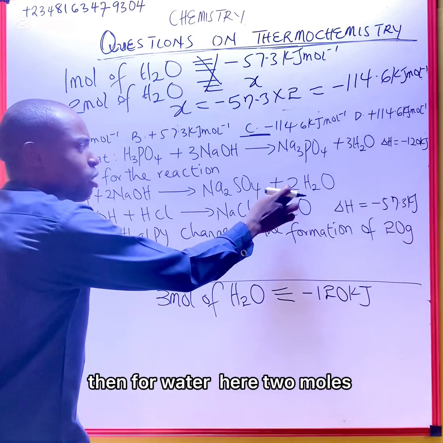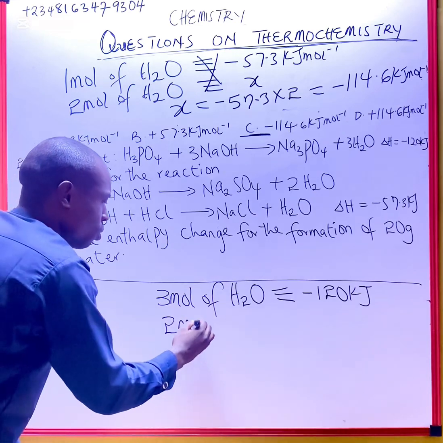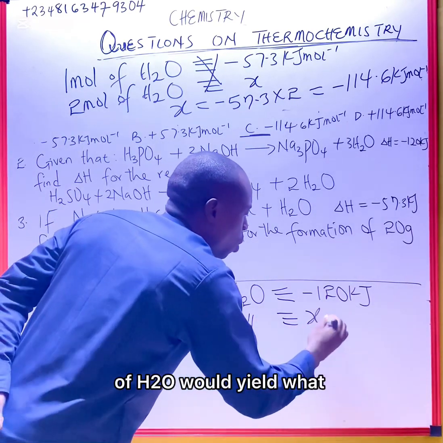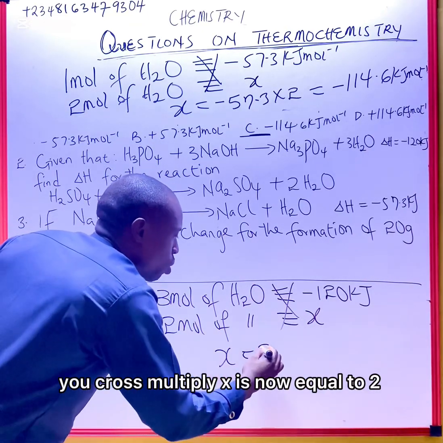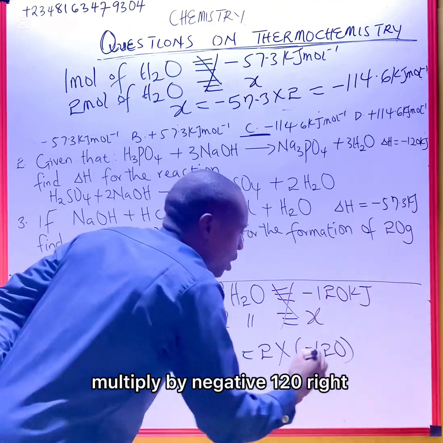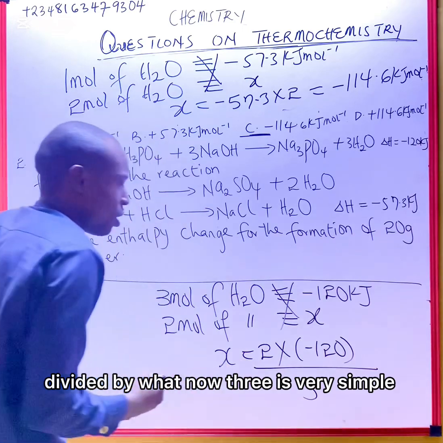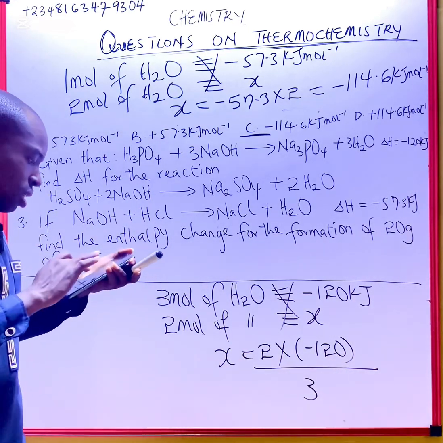Then for water here, 2 mole of H2O would yield what? You cross multiply. X is now equal to 2 multiplied by negative 120, divided by 3. It's very simple, so I just do the math.